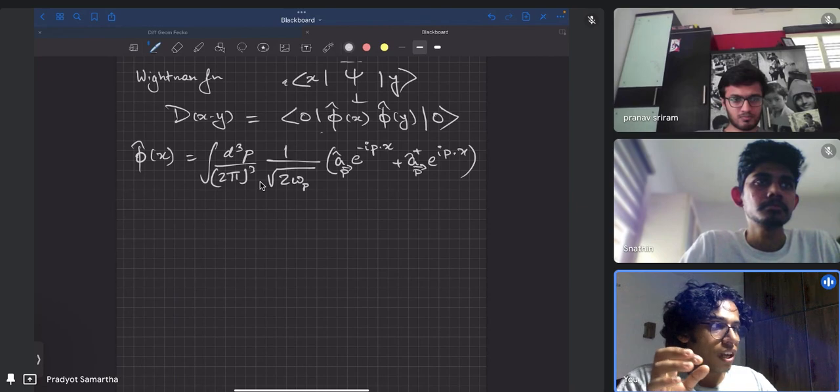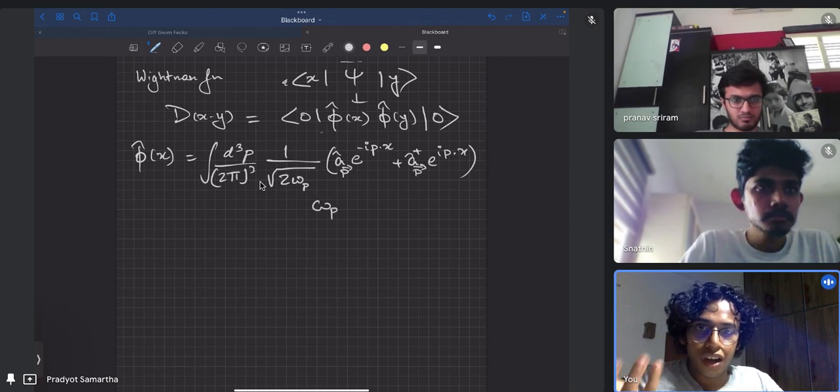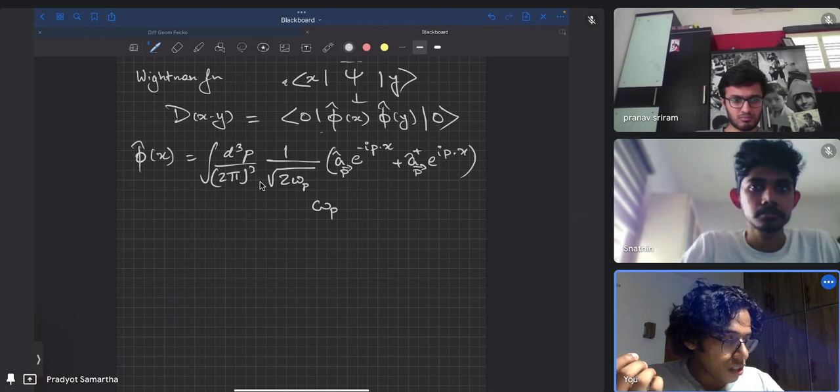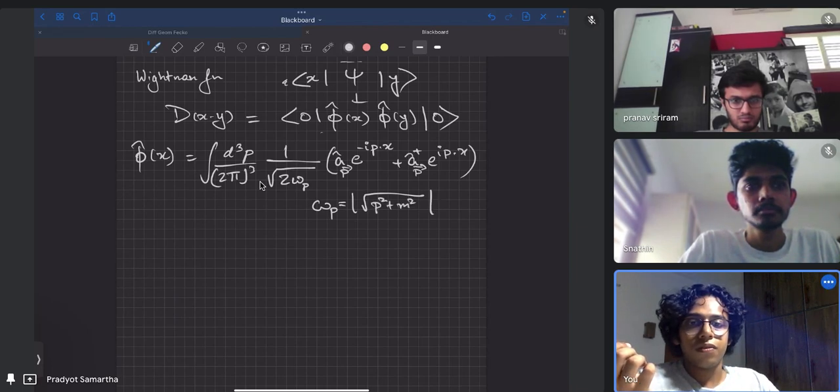So now we can define, where your omega p for a free scalar particle is nothing but the square root of p squared plus m squared.